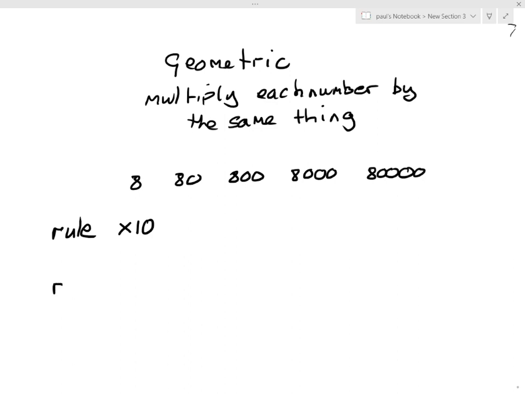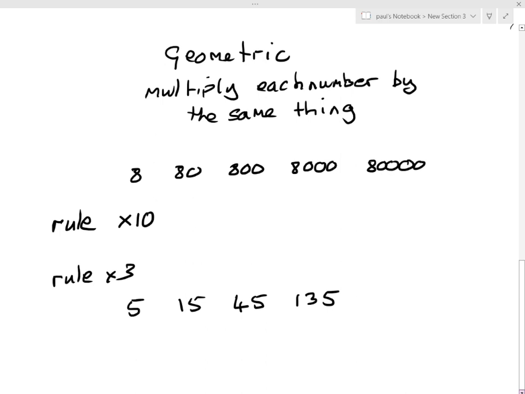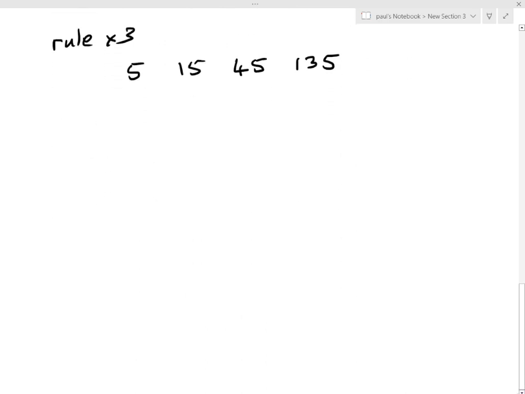We can have a rule of multiply by 3, and we could say start with 5, and then it would be 15, and then it would be 45, and then 135, and so on and so forth. We can have a rule that multiplies by a half. So start with 100, and we've got 50, and 25, and 12.5, and 6.25.